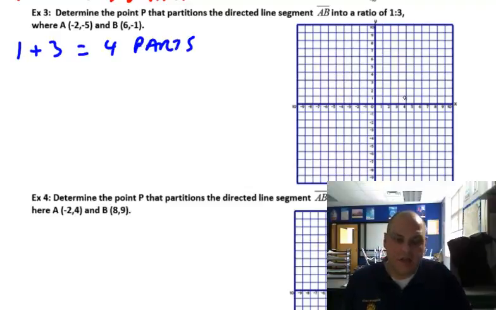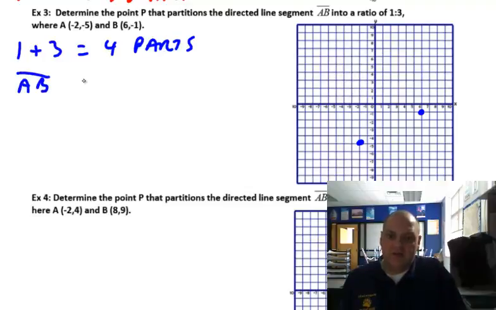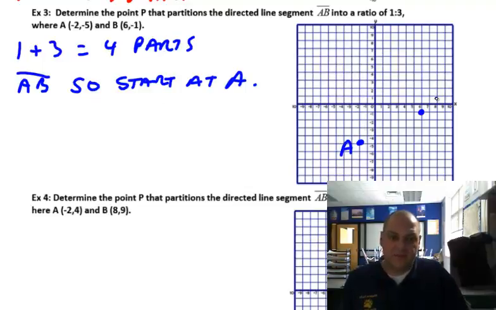Let's plot. -2, 5 and 6, -1. I need 4 parts. So start at A, and A is -2, 5, and this is B.